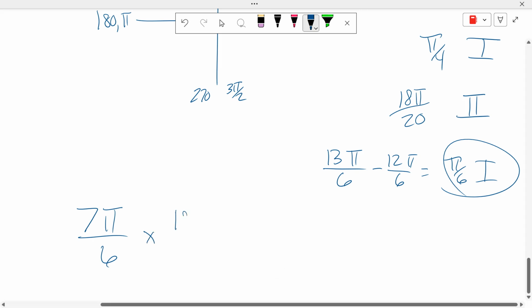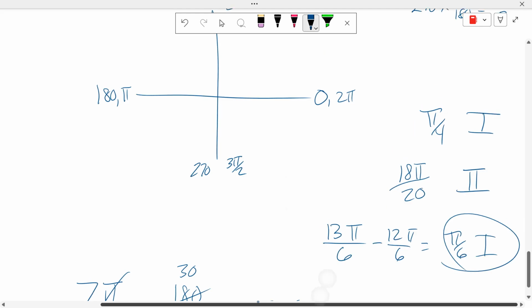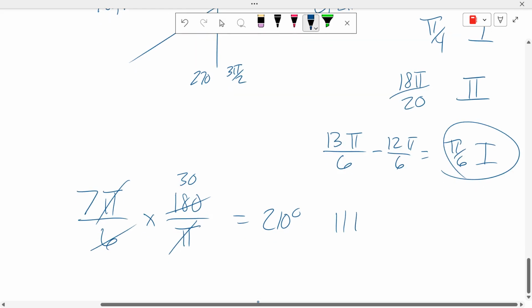Well, we just multiply by 180 over pi. We eat our pi's. 6 goes into 180 30 times. So this is 210 degrees. Where would 210 degrees be? Well, right there in quadrant number 3. Okay? So if you get stuck, if you just don't know where that would be radian-wise, just change it into degrees and figure it out from there.